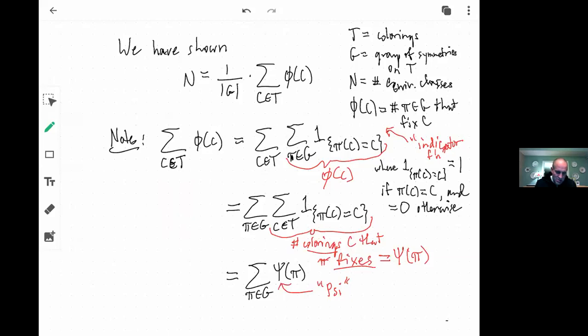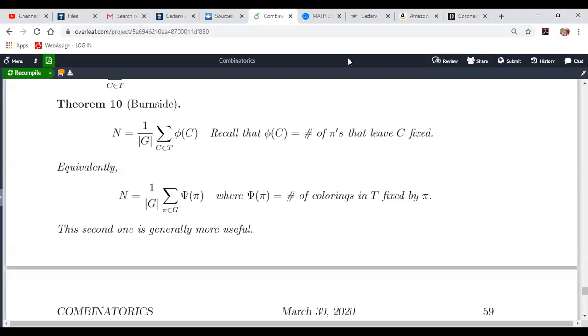So I can either think about summing over colorings or summing over permutations themselves. Okay, that is a big deal. And we're going to use that to finally state Burnside's theorem and use it to solve our original problem. And then on Thursday, we'll come back to a whole bunch of examples.